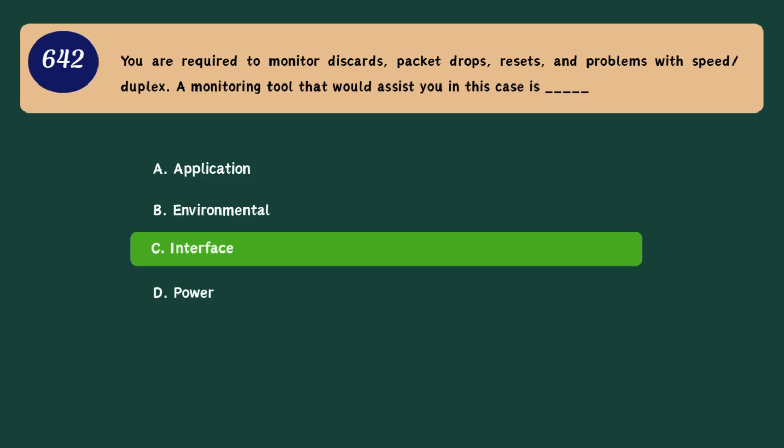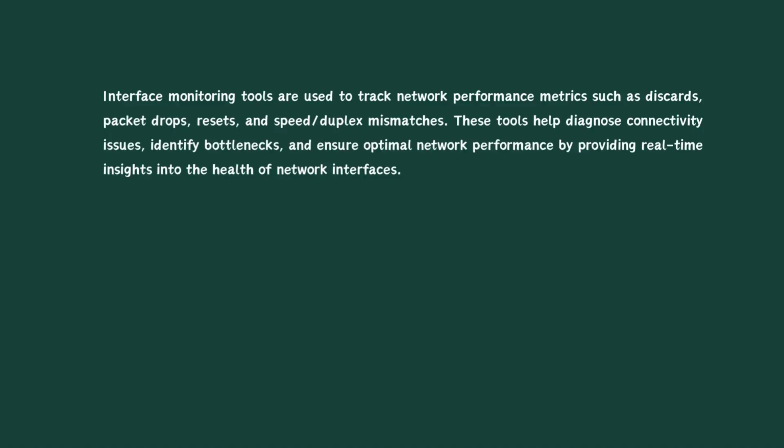C. Interface. Interface monitoring tools are used to track network performance metrics such as discards, packet drops, resets, and speed duplex mismatches. These tools help diagnose connectivity issues, identify bottlenecks, and ensure optimal network performance by providing real-time insights into the health of network interfaces.